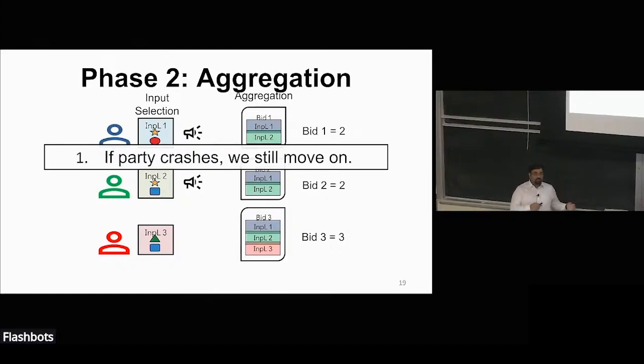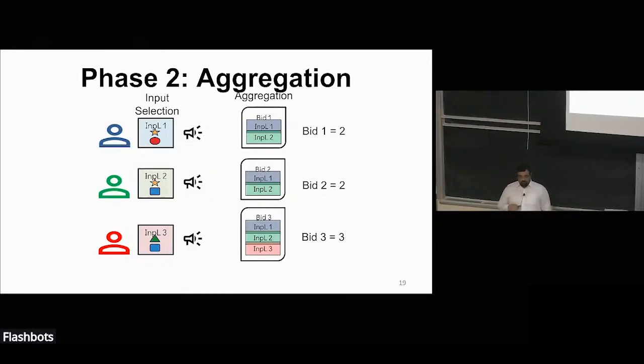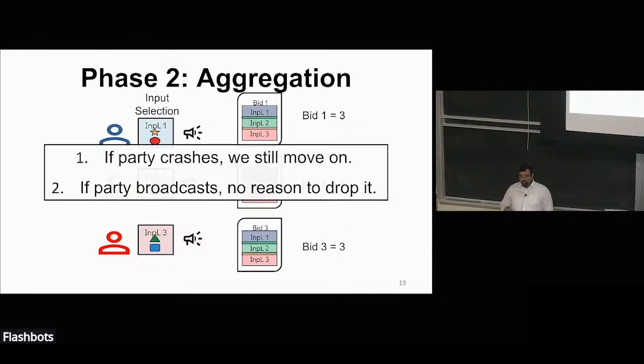If this party returns in the aggregation phase, we can still accept its bid in that phase and move on. However, if it does broadcast, there is no incentive for either of the parties, the blue or green, to drop this input from their bid, because it just reduces their bid and reduces the probability of winning the auction.